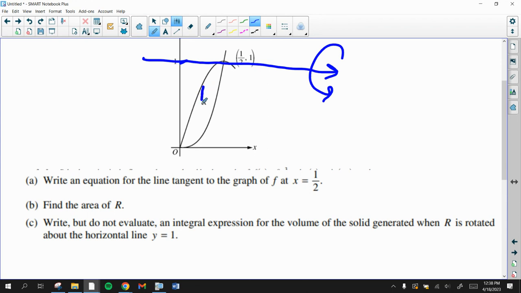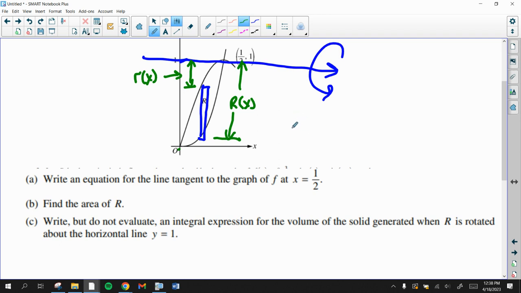I'm going to draw my rectangle perpendicular to the axis. I know big R of x is from here to here. Little r of x is right there. I know I'm with respect to x, and I do know my limits would be 0 to 1/2. So we're good.